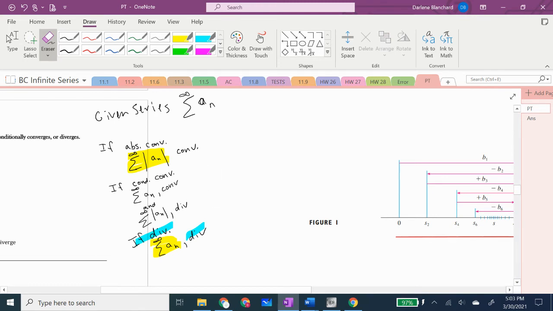If you need to show absolute convergence, and you start by just testing the series as is, and you get converge, you might have absolute convergence and you might have conditional convergence. So if you get converge for just the way that it is, you have to go and test the absolute value of all the terms in a separate sigma with an entirely new test.